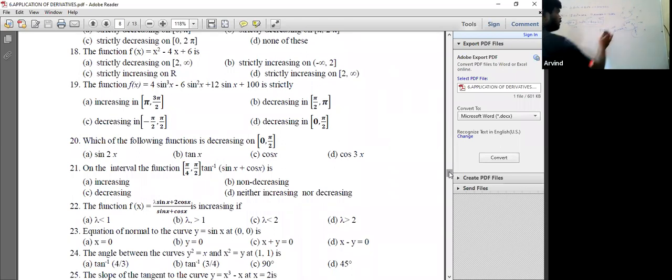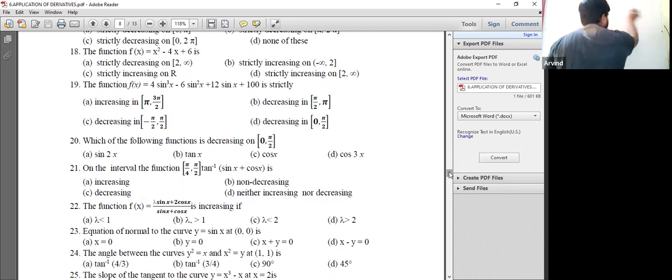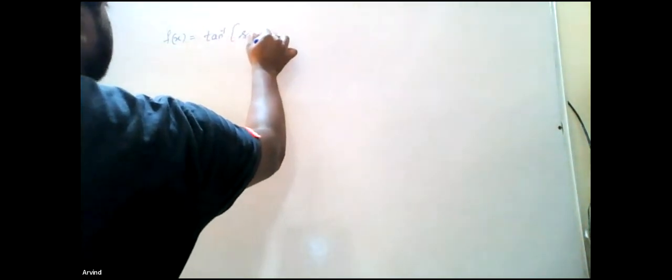So on the interval tan inverse of sin x plus cos x, that is your function. Let's just differentiate it. Okay. So f of x is tan inverse of sin x plus cos x.